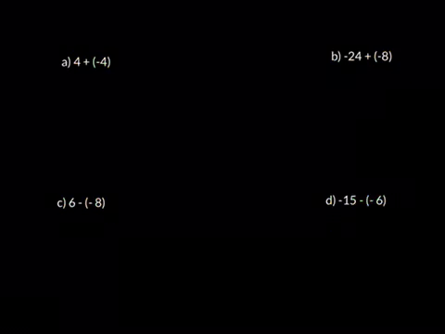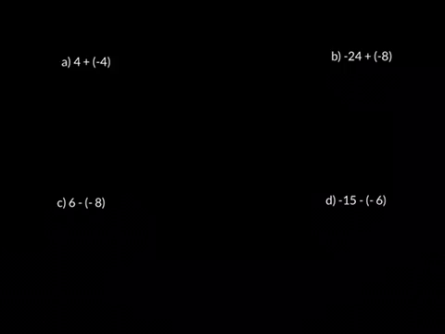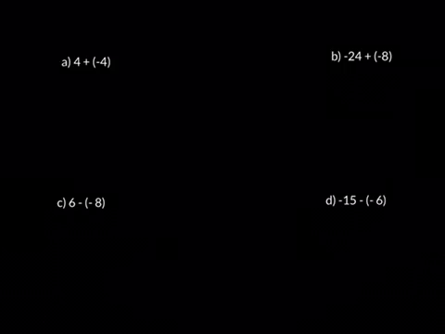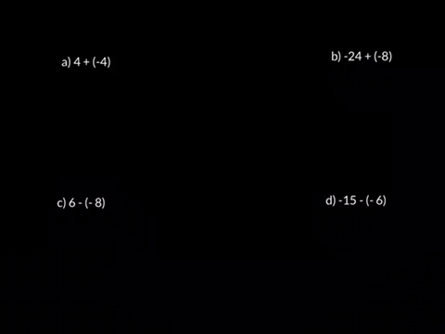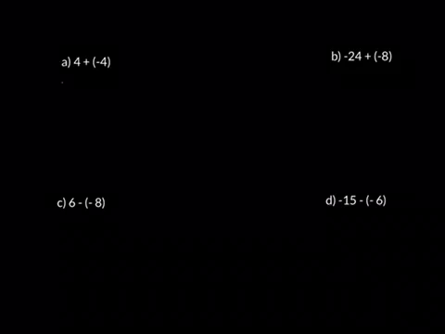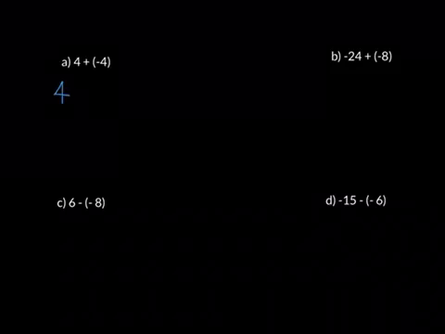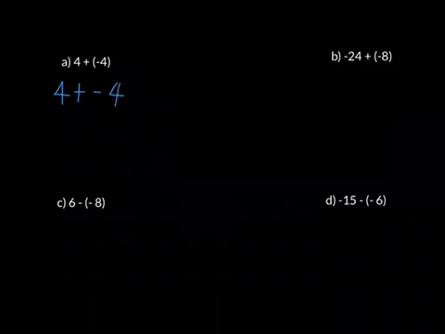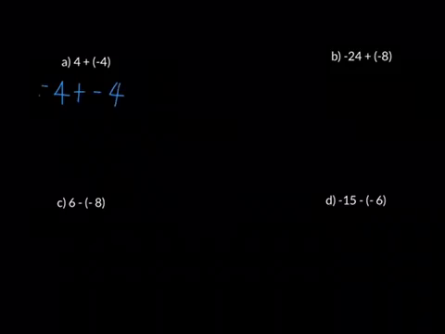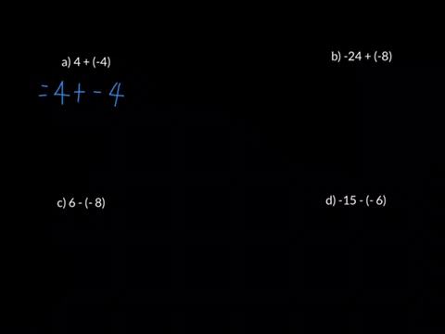With these questions, we are going to need to use the rules that we learnt on the first page. So you'll see that there are some brackets as well. Sometimes you might see the first one, 4 plus negative 4, written as just 4 plus negative 4 without the brackets. You might see it written either way. As we know from the first page, the rule is if we have opposite signs together, a positive and negative, that's equal to a negative.